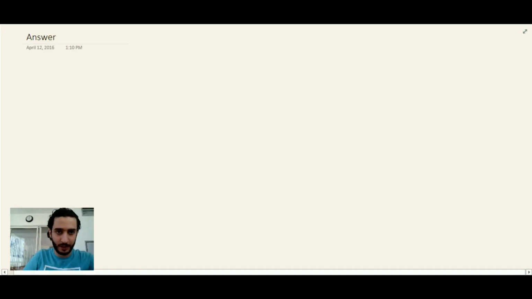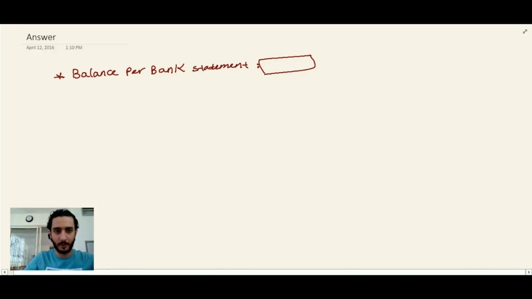And we will start by saying, as I said, we have two adjustments. The balance per bank statement, we will write whatever the balance of the bank statement is here.